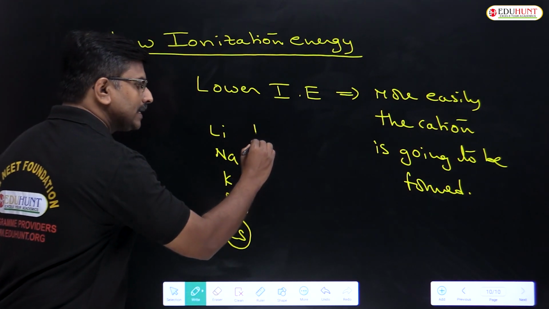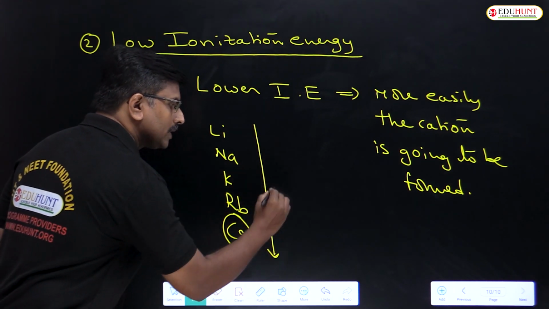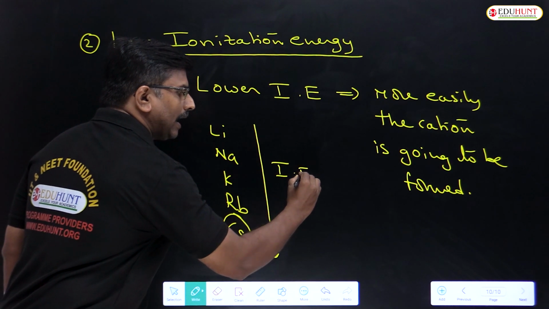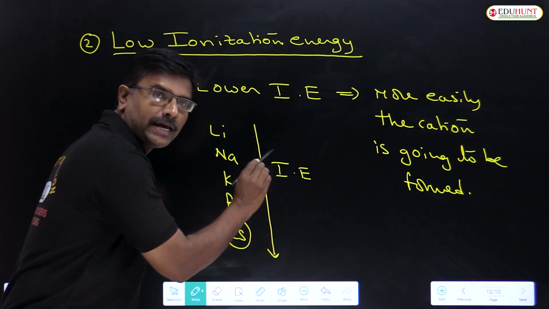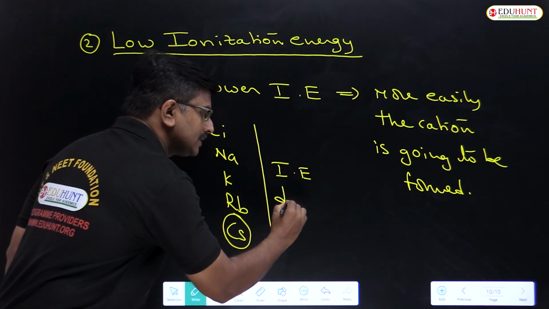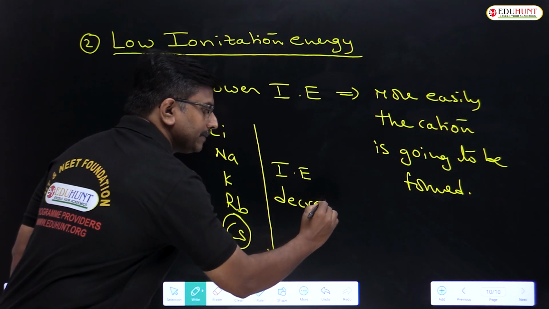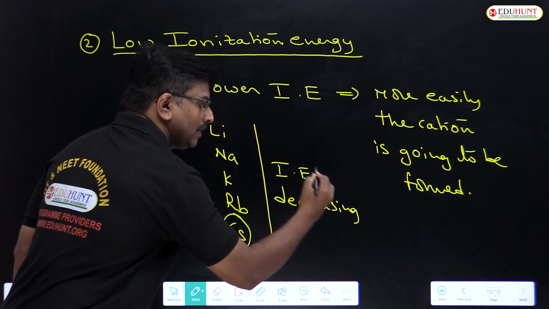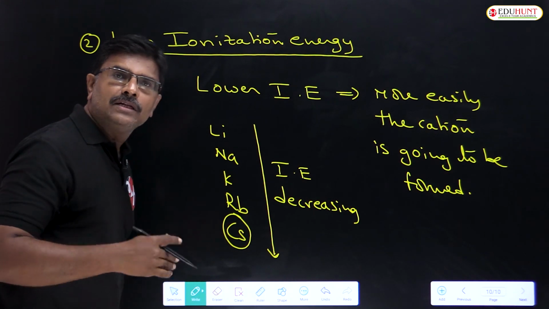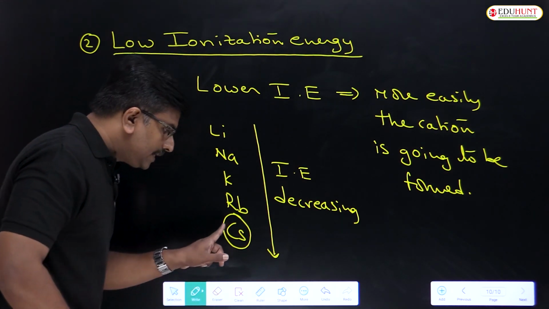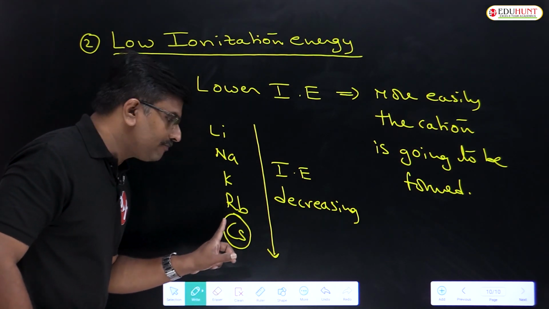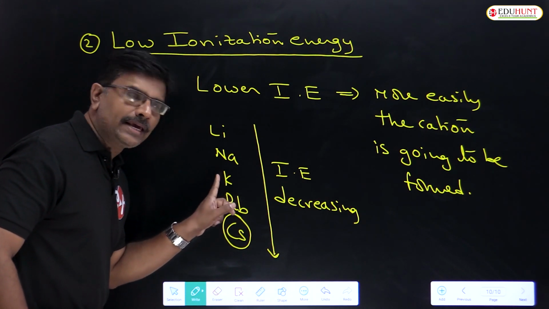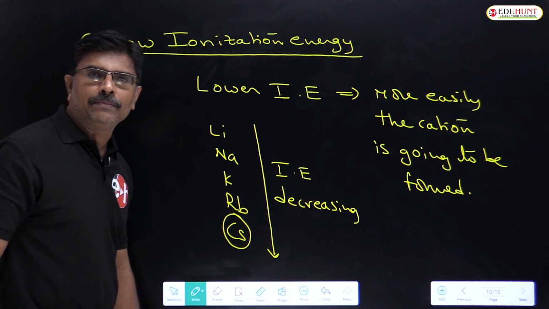Ionization energy values, IE, from top to bottom: please observe, IE means ionization energy. The IE value is decreasing from top to bottom. So the cesium plus ion is more easily formed than Rb plus, than K plus, than Na plus and Li plus.